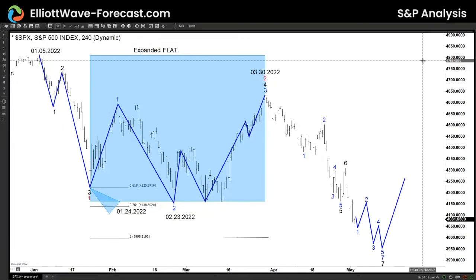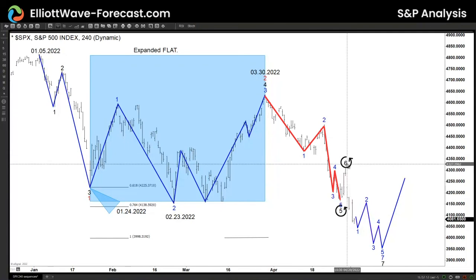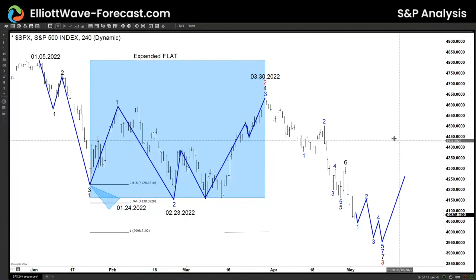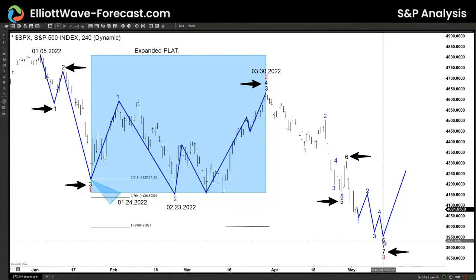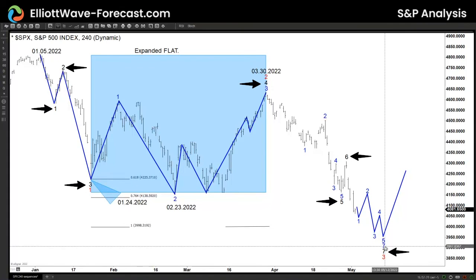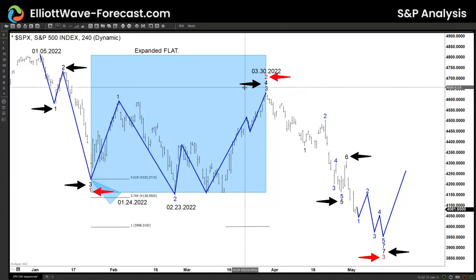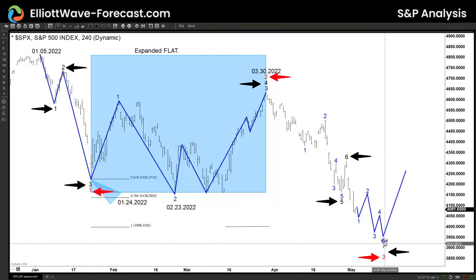In this case, from the March 30 peak, we have 1, 2, 3, 4, 5. That makes 5 in black, 6 in black, then 1, 2, 3, 4, 5, and eventually sometime this month we're going to get the target area that is going to finish right here, a 7 swing in black and 3 swings in red, to finish the sequence that we were expecting since the middle of March.